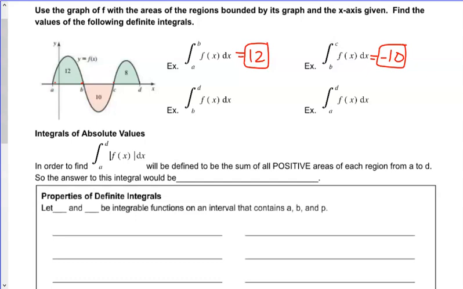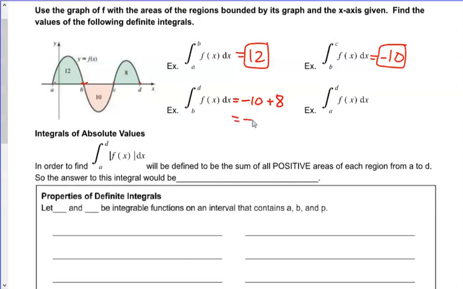All right, let's combine a couple of these. Now instead of going in just one region, what if I want to go from b to d? So I'm looking at this whole part of that function. I need to account for this area and for that area. So if I do that, I have to again count this to be negative. So I'm going to go from negative 10, add to that the area for this region, which is a positive 8.